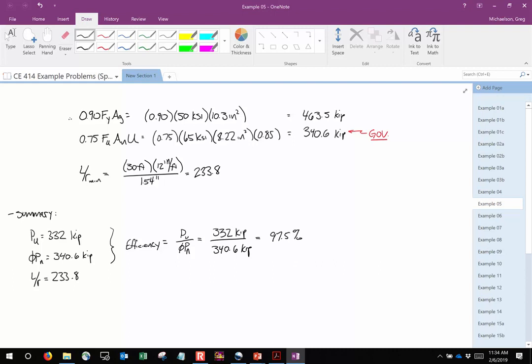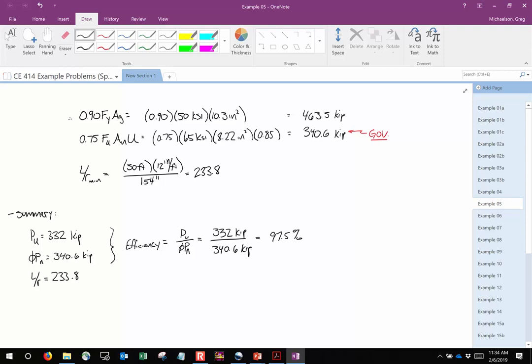There are shapes in the manual that have slender elements, and by slender elements I mean like the flange and the web, and they have a susceptibility to experience what's called local buckling. The idea that the flange and the web might crinkle before the whole thing buckles, okay? We'll talk about local buckling later, but for now, recognize that that's a compression issue. We don't need to worry about that because we're not pushing on it, we're yanking on it, so it's tension.